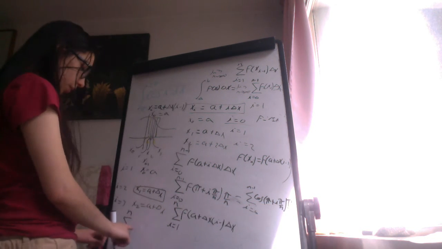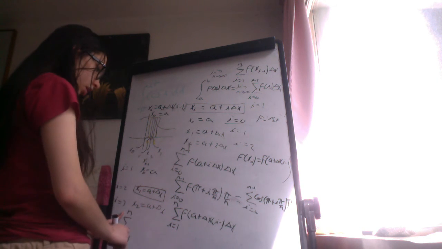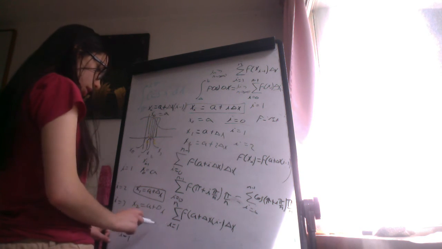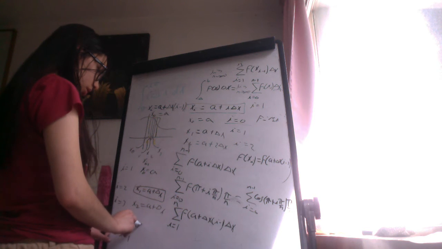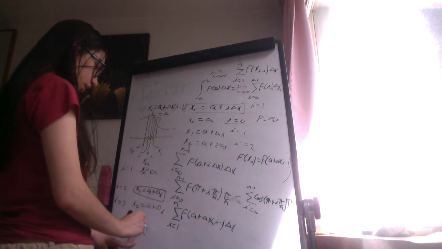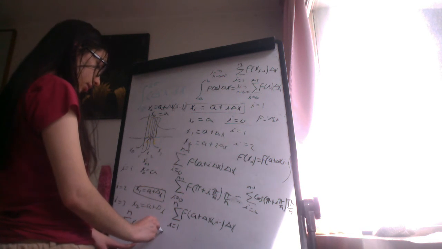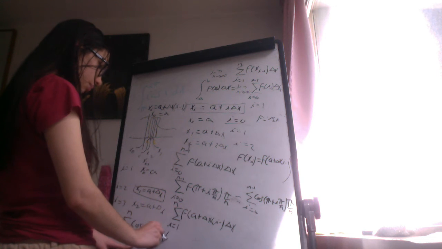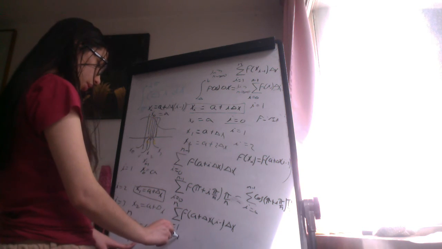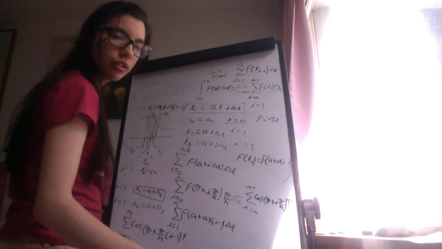And this is the summation from i equals 1 to n of cosine of a, that is pi, plus delta x, which is pi over n, times i minus 1, times pi over n.